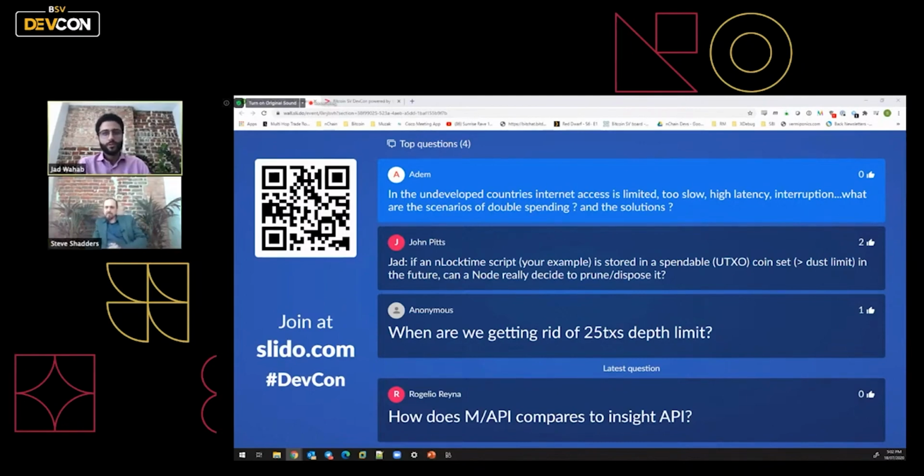Sure. So it all depends on the cost and the risks for the merchant. So if the merchant has limited, too slow, or high latency connectivity, then they are going to have different solutions than other people.